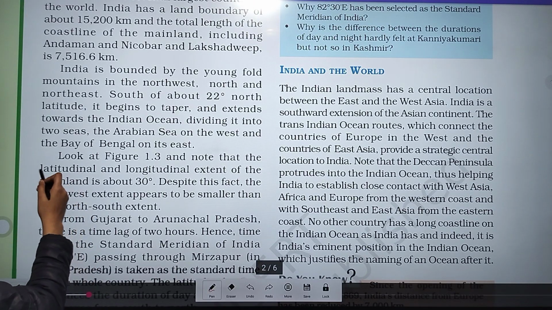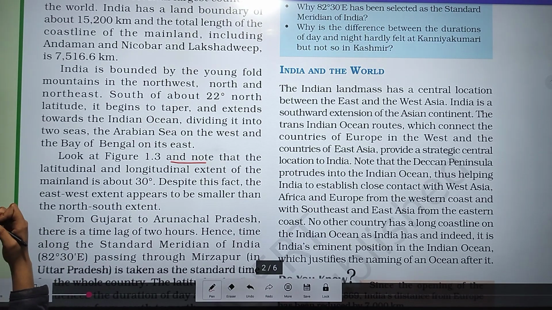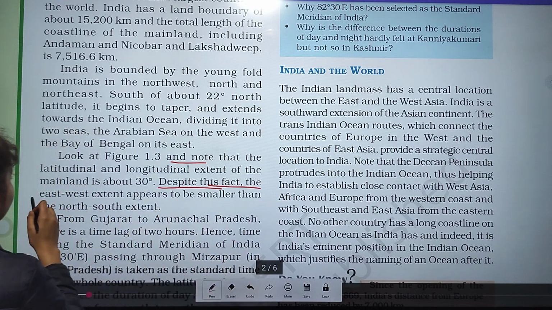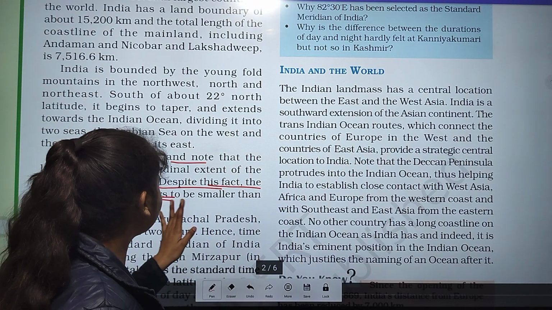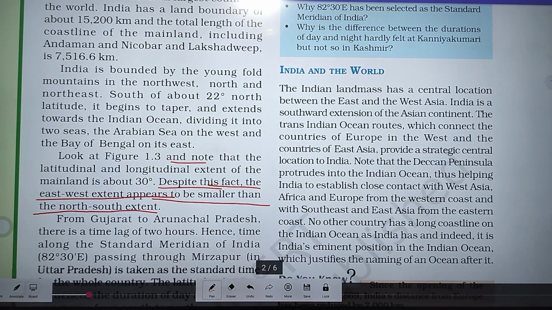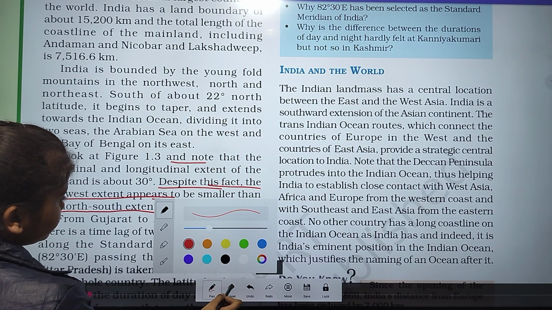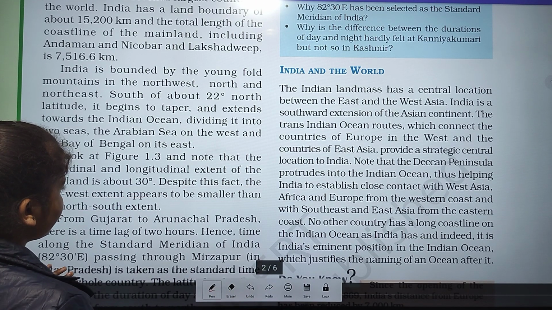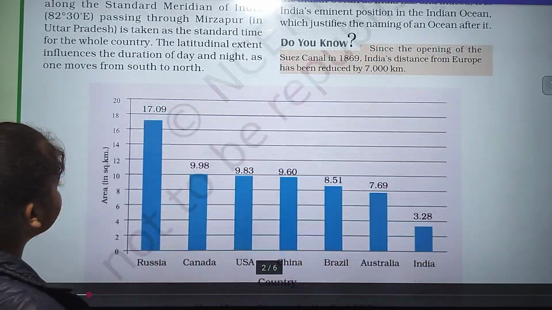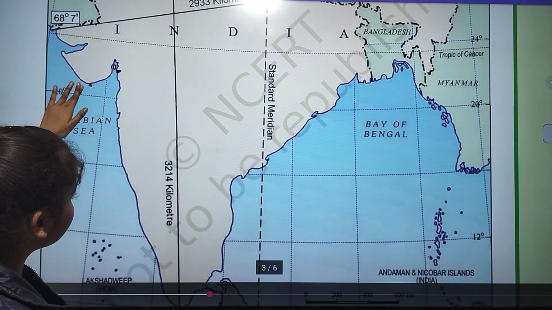And now look at the figure and note that the latitudinal and longitudinal extent of the mainland is about 30 degrees. Despite this fact, the east-west extent appears to be smaller than the north-south extent. This one is smaller.